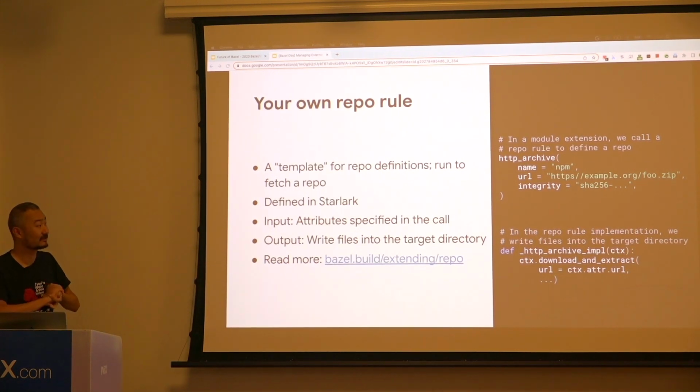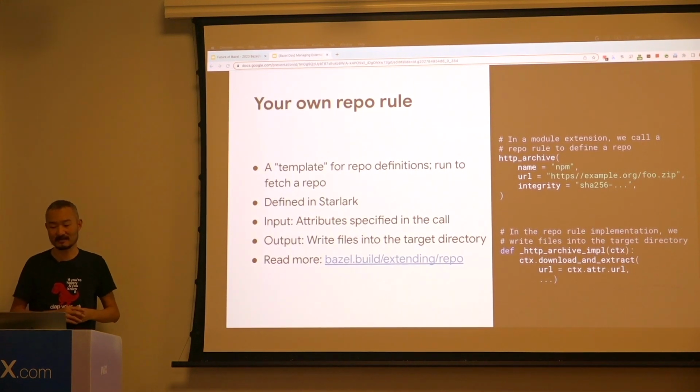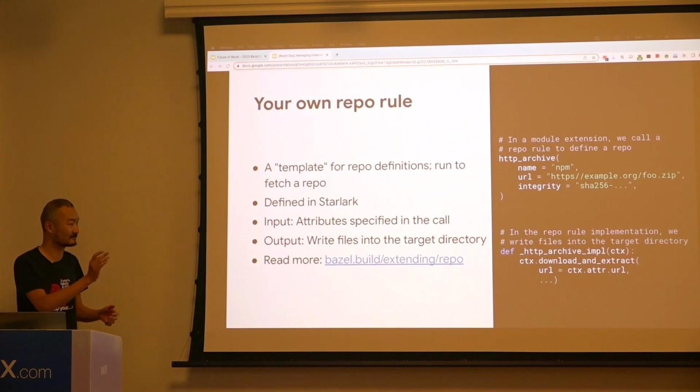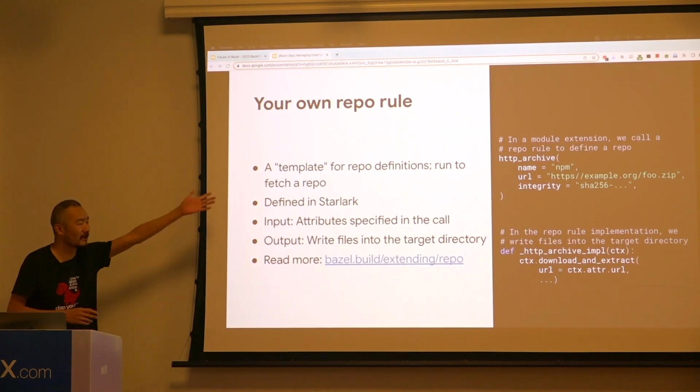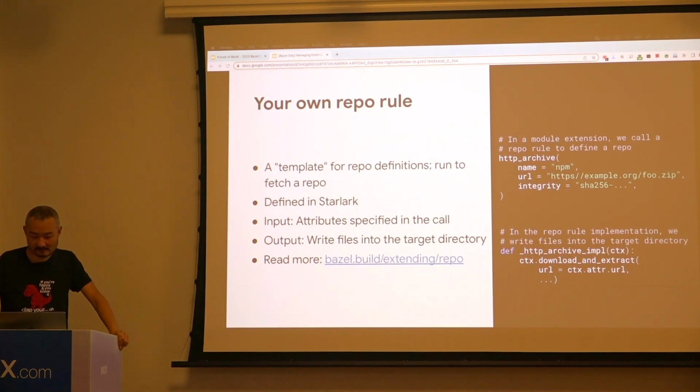And the outcome of the repo rule is that some files are created in the directory that Bazel prepares for this repo. Similar to module extensions, the repo rule is also allowed to access external resources like the internet, file system, whatever. Obviously, HTTP archive needs to download something from somewhere. You can read more about writing your own repo rules at this URL.